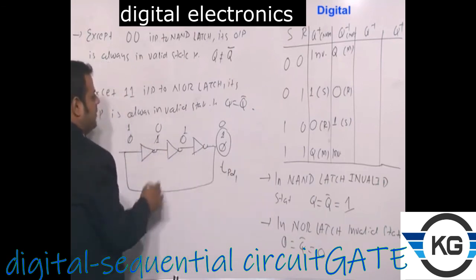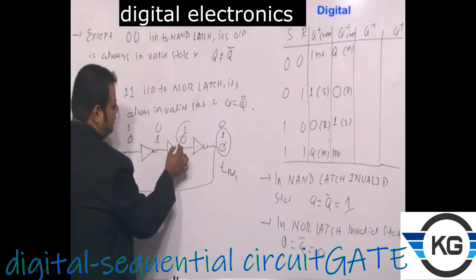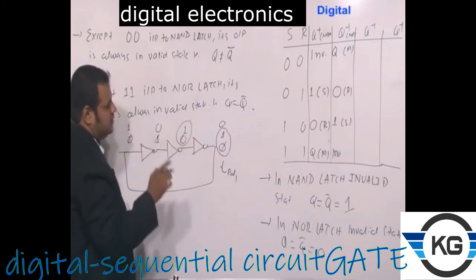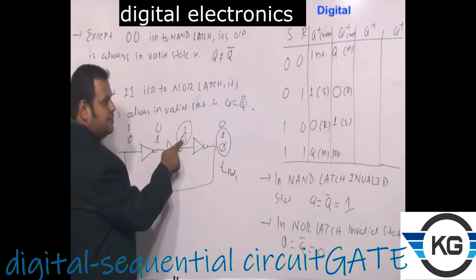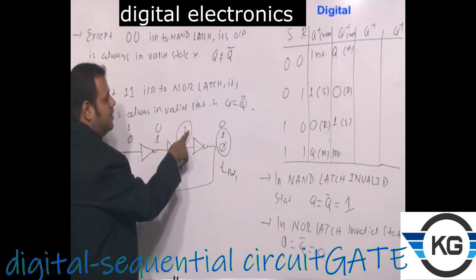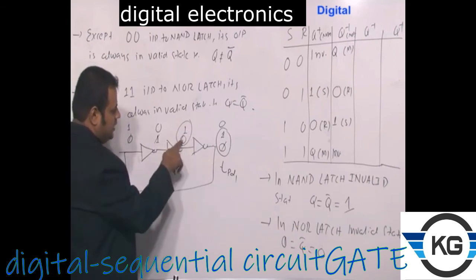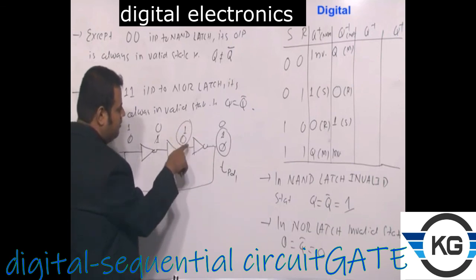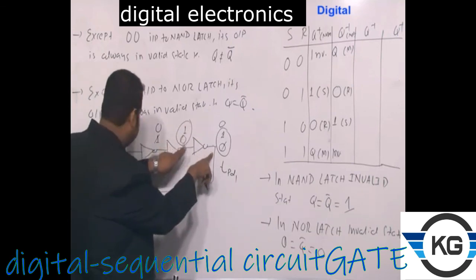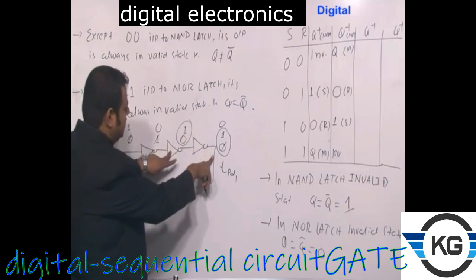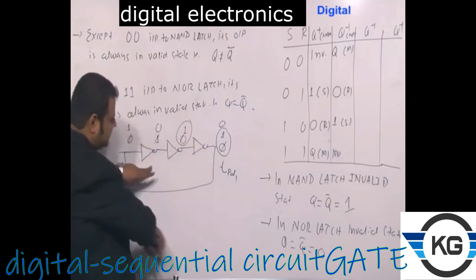Now if I ask the same question, after how much time here, if you are taking the reference at t equal to 0, after how much time here does this change to 1? What is the answer? This will be 30, because if this is 0, when can this be 1? When the signal 0 passes through this, then passes through this, again passes through this. So the 0 has to propagate through the 3 NOT gates.